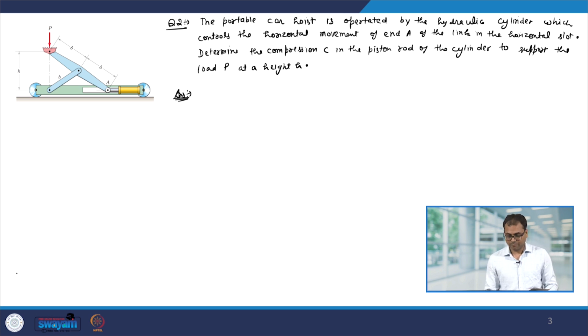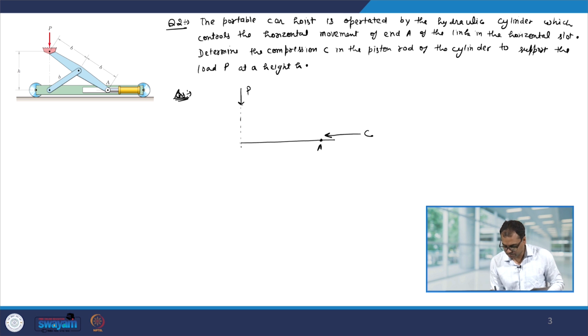So, let me first make the free body diagram of this. At A, because of the piston, there will be a horizontal force. Since it is a cylinder, let me call this force C, and we have the force P acting at this point, and then various geometrical parameters are given.